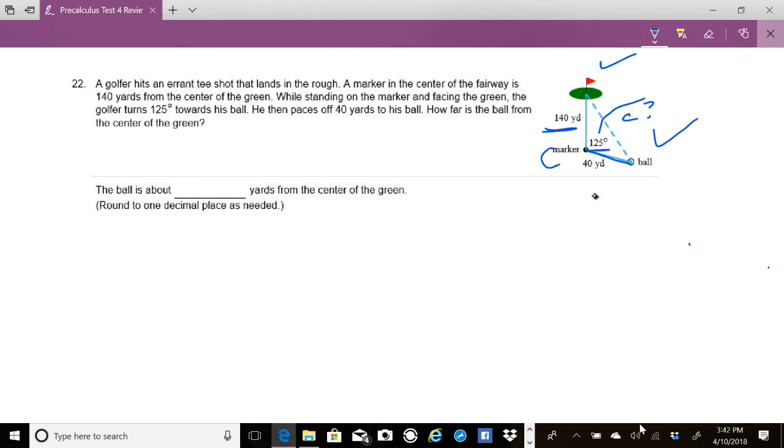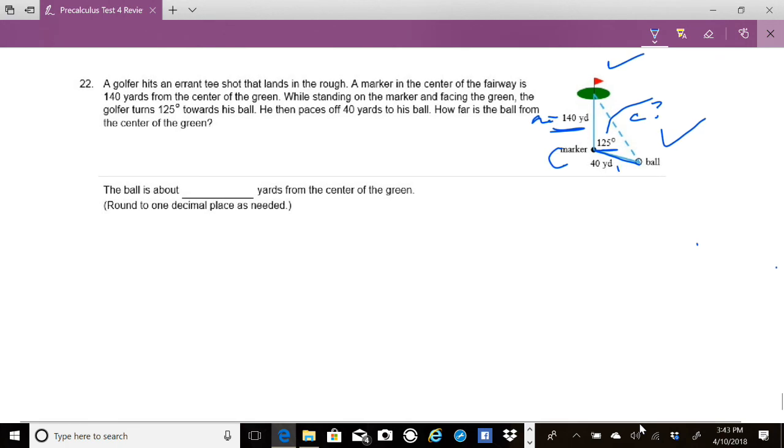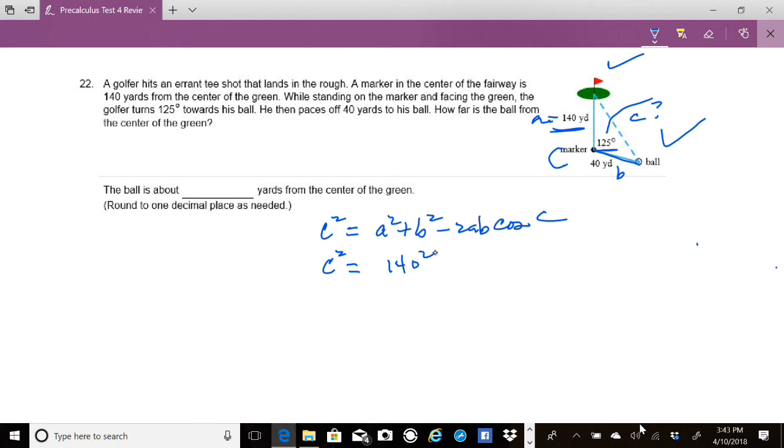This is angle C. We'll let this be A and let this be B. We know A and B, so we know that C squared is equal to A squared plus B squared minus 2AB cosine of C. So C squared is equal to A squared, which is 140 squared, plus B squared, which is 40 squared, minus 2 times 140 times 40 times cosine of C, 125 degrees.